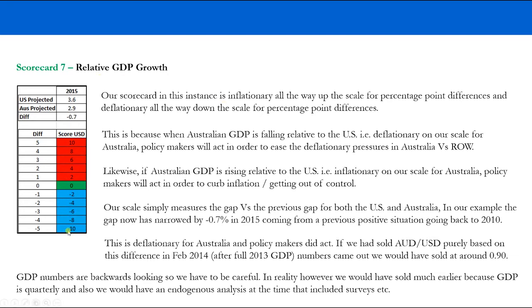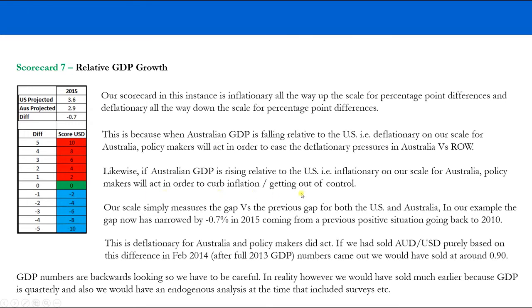So when we're in this area here, Australian GDP falling relative to the rest of the world and falling relative to the US in particular, Australian GDP minus United States GDP becomes negative. It's falling.